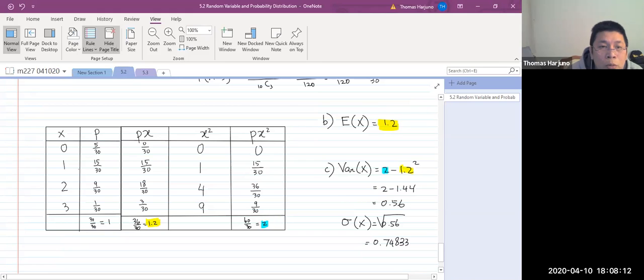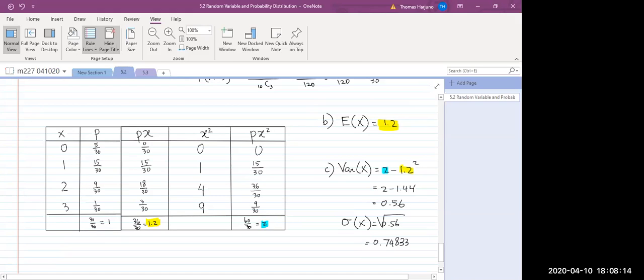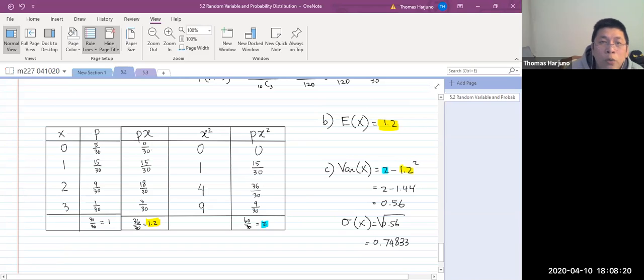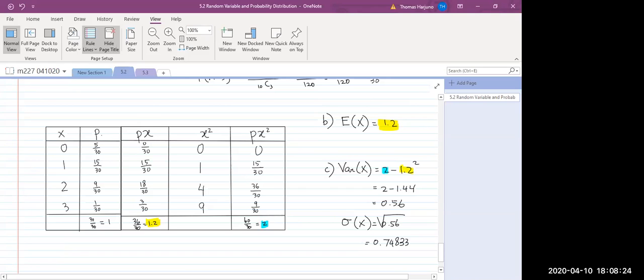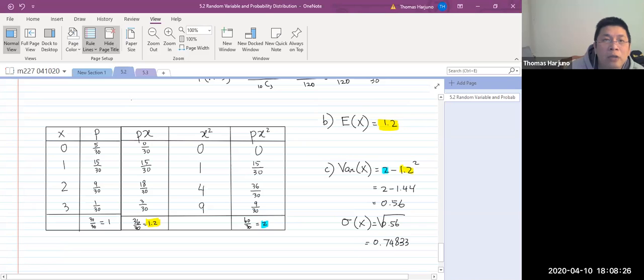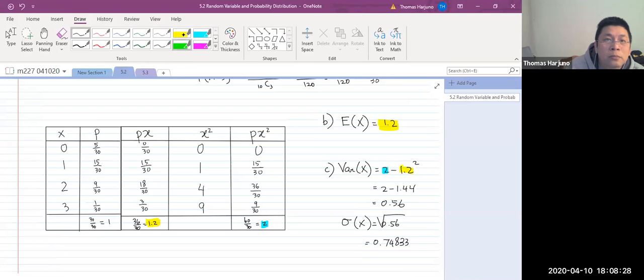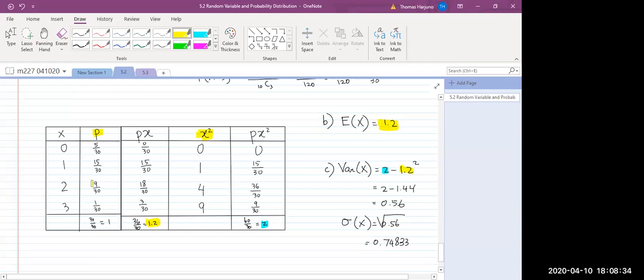You got 36 out of 30, but p times x squared, isn't it 18 times 4? Oh, no. You were looking at px. Now you're supposed to be having p times x squared. So it should be this one times this one. Okay. Mm-hmm.